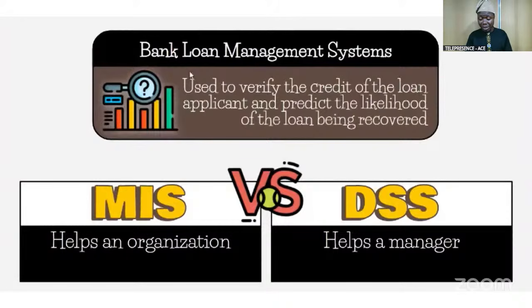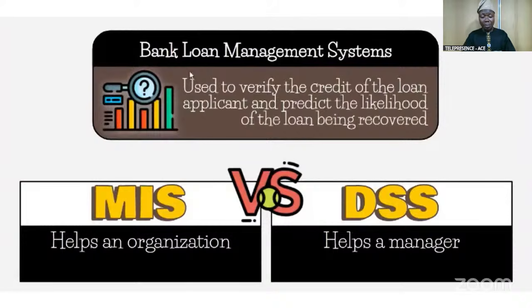To manage the organization means that you are taking care of everything to work according to the aim or objective of that organization. You are pushing the organization in the right direction. That is the purpose of management. So the decision support system will help a manager make a decision before taking it. Then the management information system will help an organization.